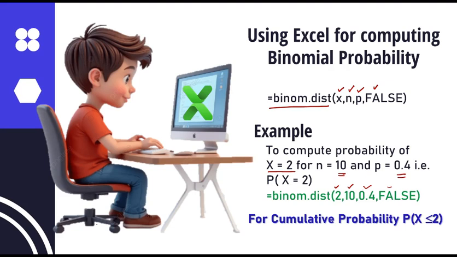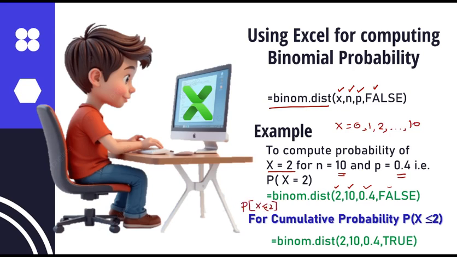Now let us look at the cumulative probability. Why am I writing FALSE here? What is the reverse? If you write TRUE, in that case, you will get the cumulative probability. That means cumulative probability is the probability up to that point. What are the values that x can take? Because n equal to 10, x will take values 0, 1, 2, and so on, up to 10. So what is the probability of x less than or equal to 2?